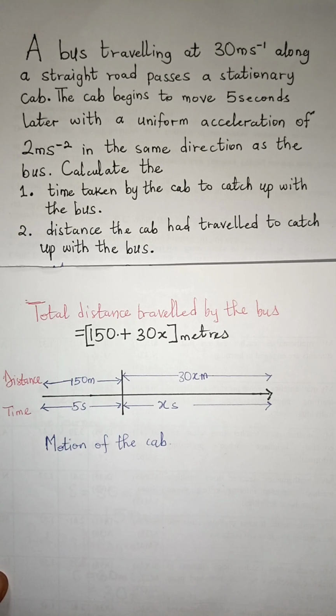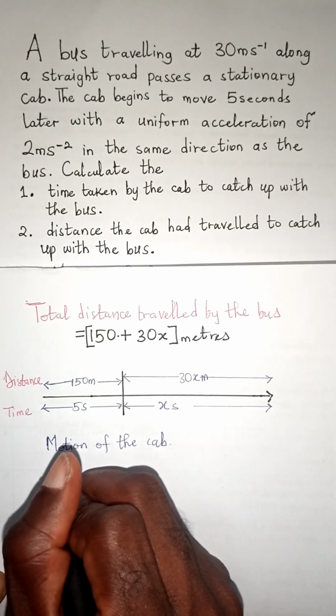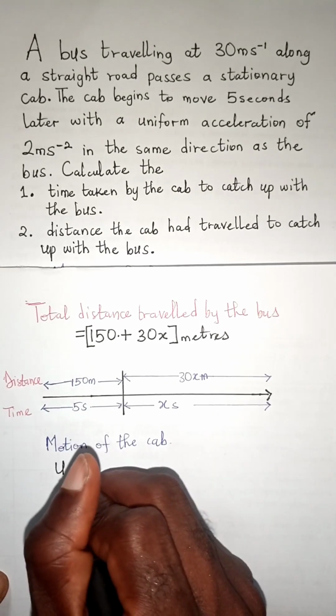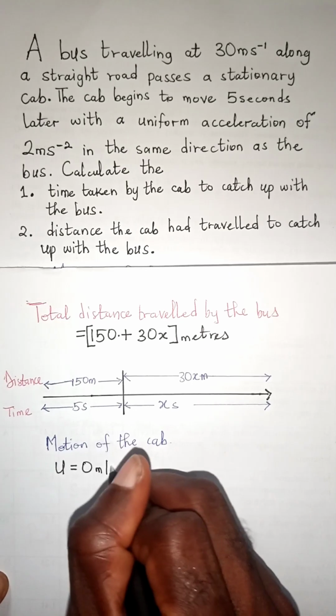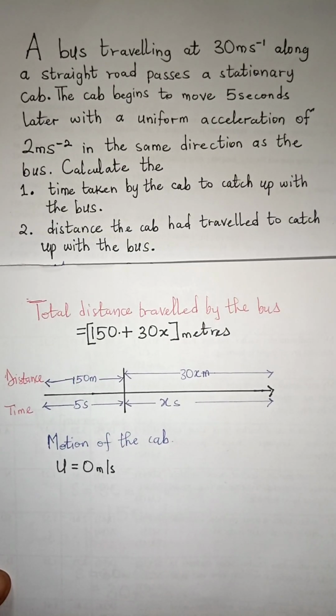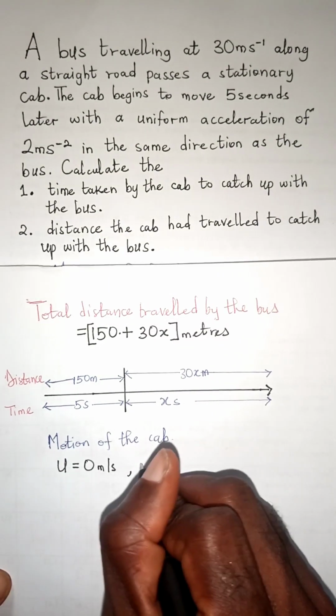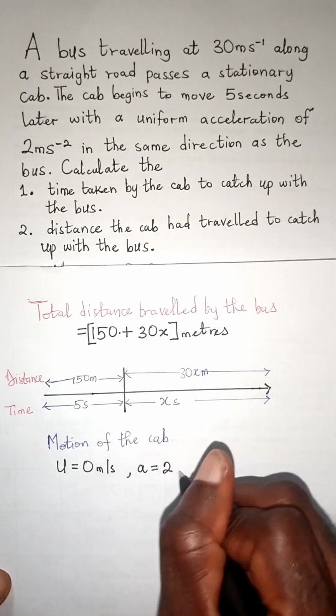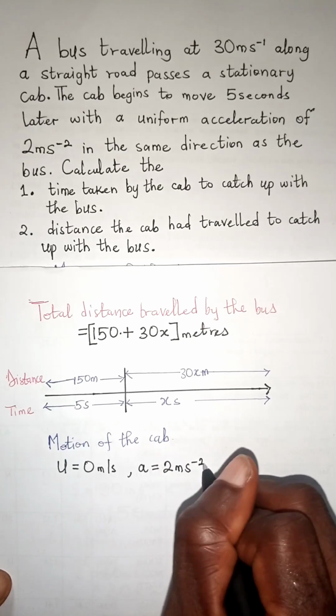Now, from here, the cab was stationary, and because the cab was stationary, the initial velocity of the cab will be 0 meters per second because it's initially at rest. Then, the acceleration of the cab is given to us as 2 meters per second squared.